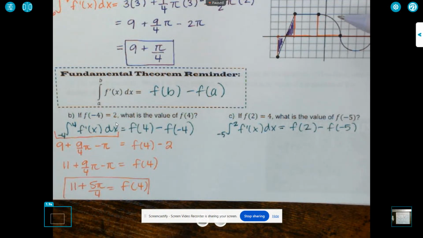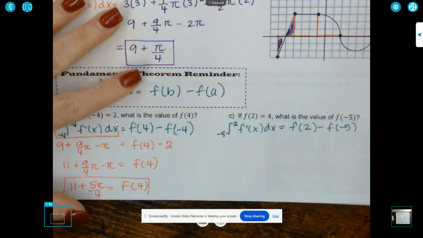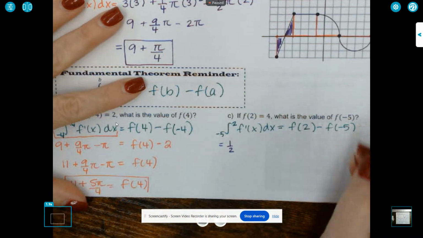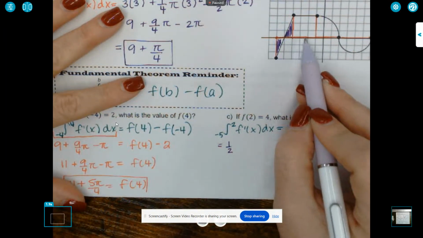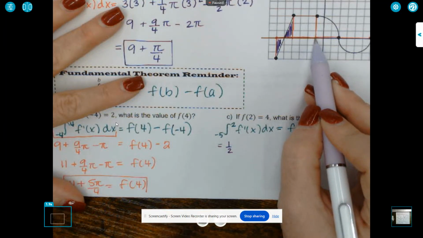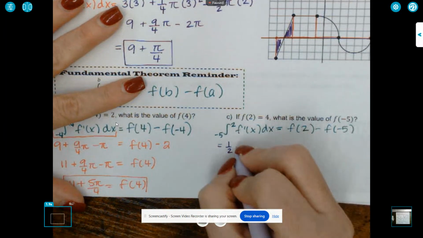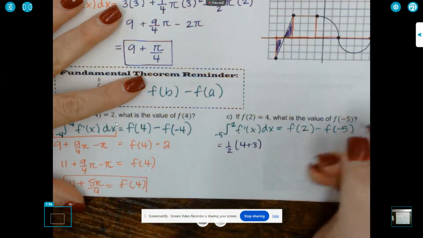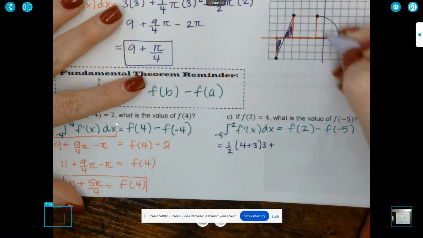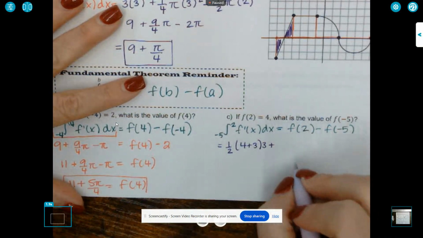I'll do a trapezoid just because we haven't done one yet. Okay, so if I do a trapezoid, it's going to be 1/2. Base 1 would be 1, 2, 3, 4. And base 2 would be 1, 2, 3. And our height would be 3. Plus, and then we know this quarter circle was 9 pi on 4.